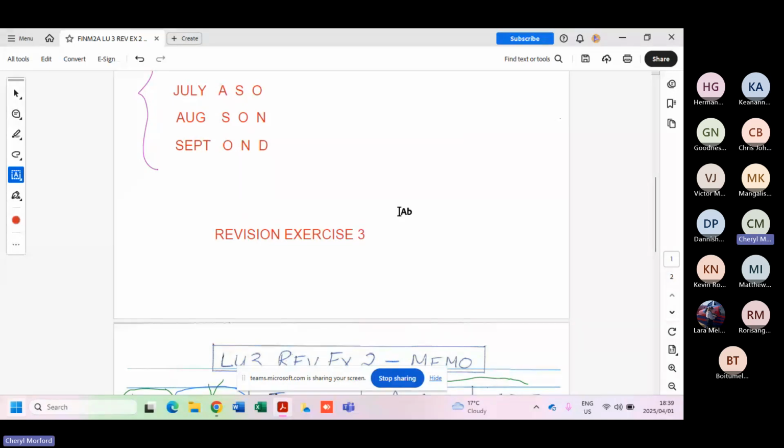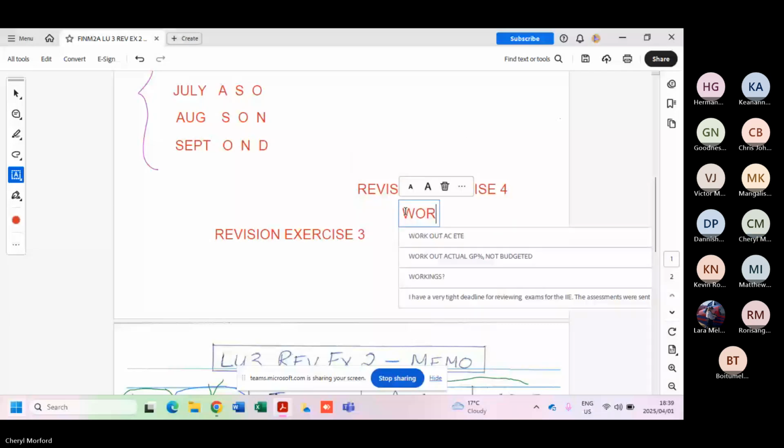So if you would like, you could also go before next time and just type revision exercise 4 over here, and that one is on working capital.